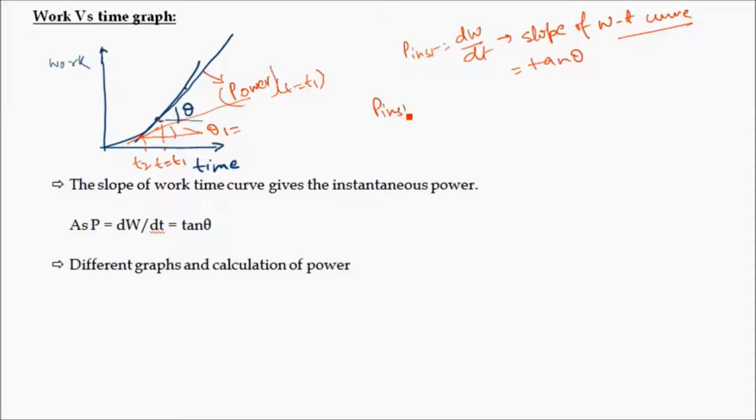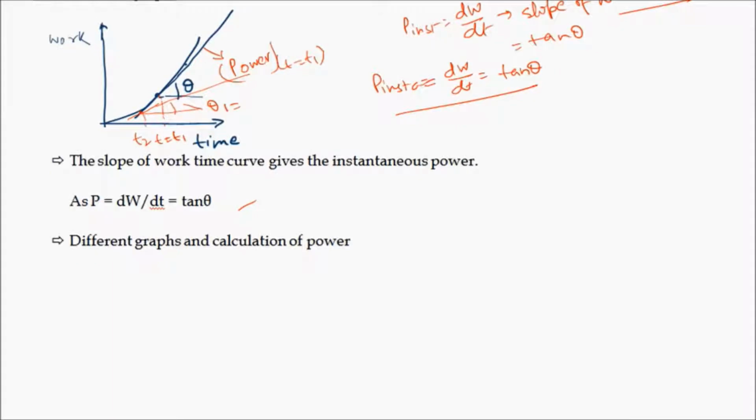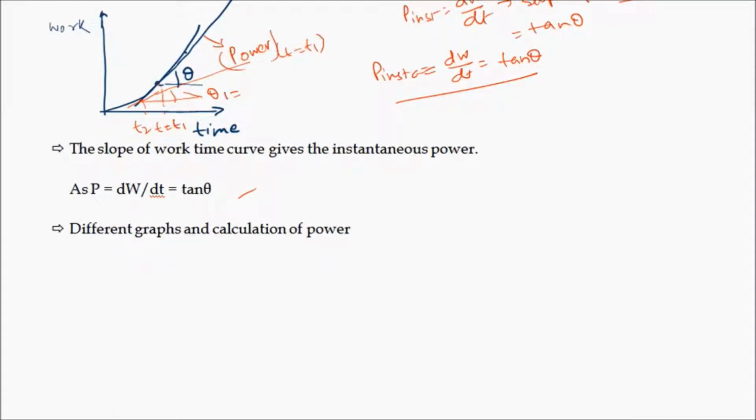So the instantaneous power at any point from the work time graph is given by dW by dt, and the slope of the W-t curve is given by tan theta. All these things are written here. Now we will see different types of graph and calculation of power from the graph.